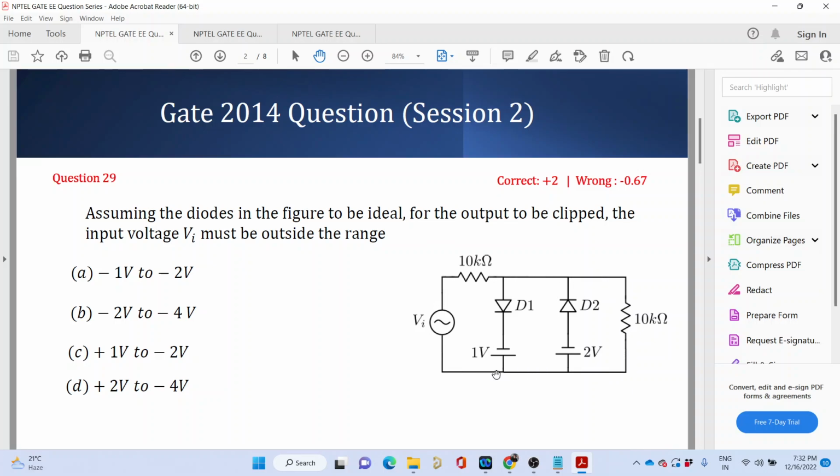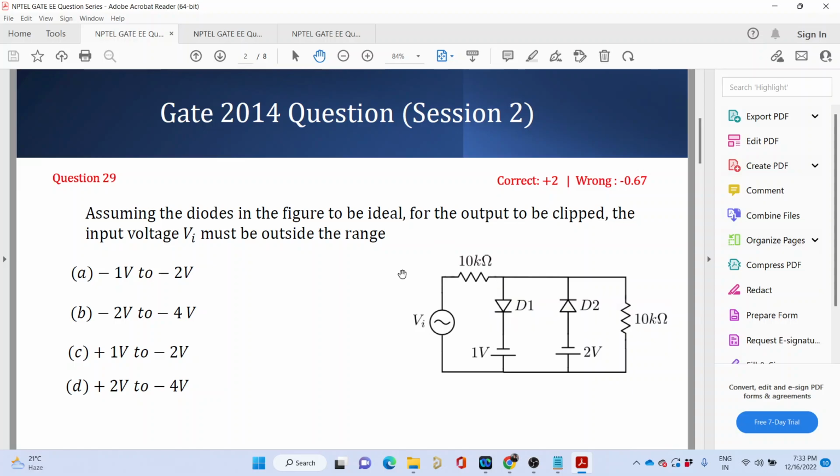Yes, sir. The current is always going to flow through this path even when D1 or D2 is not conducting. So there is always going to be a potential drop across this 10 kilo ohm resistance. Correct? Yes, sir. What you have considered is that the voltage at this point is VI. So you have not considered the potential drop across this 10 kilo ohm resistance.